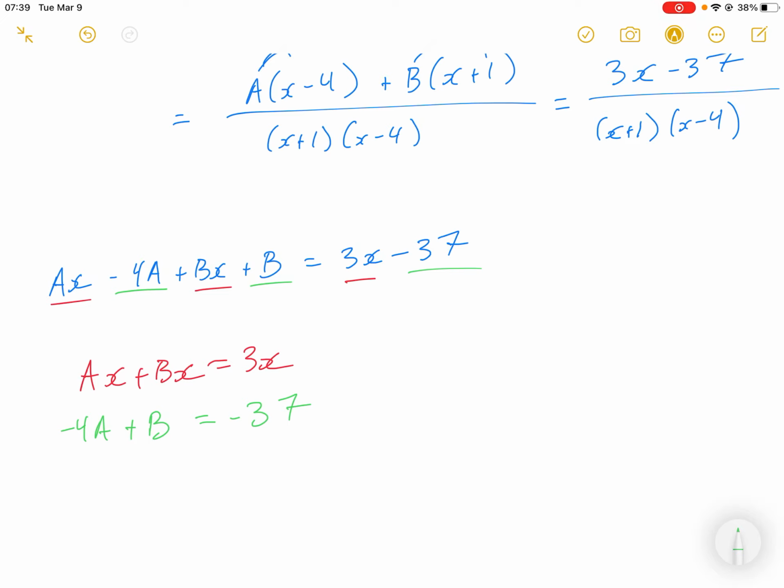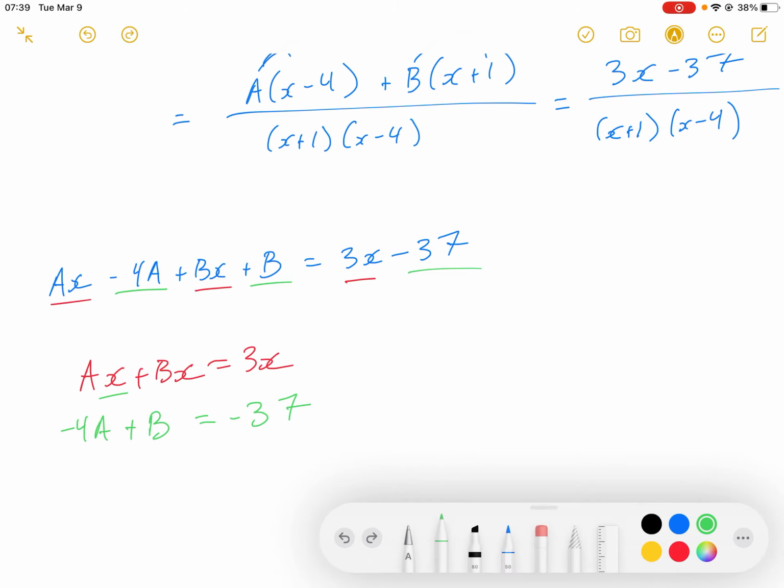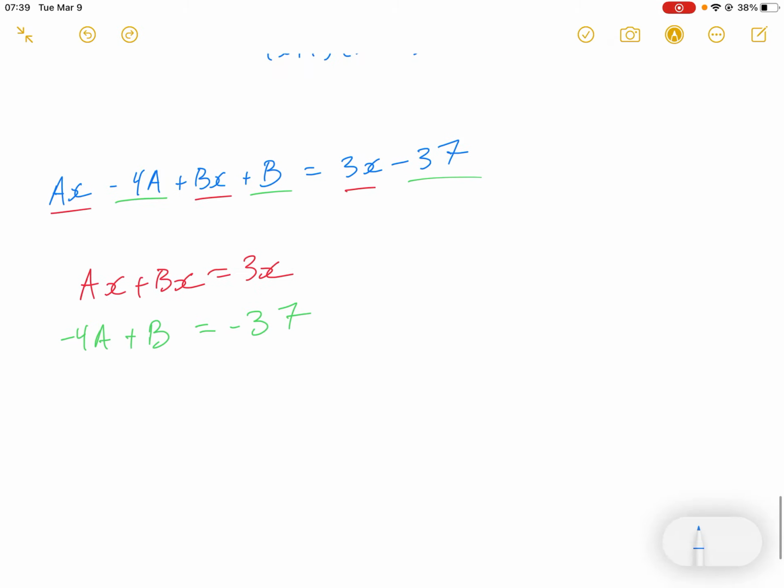And so really, I don't need these x's in here because each of these terms has an x. So I'm going to rewrite this one more time. And so I'm going to say A plus B has to equal 3, and then negative 4A plus B has to equal negative 37. And now you see we actually do have a system.